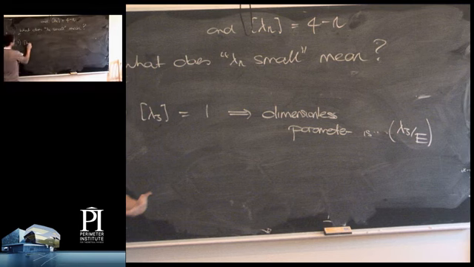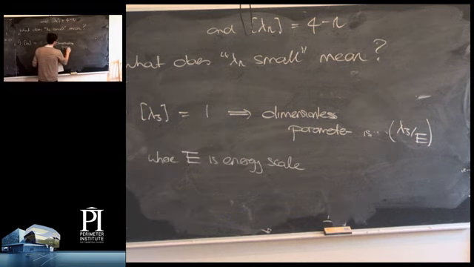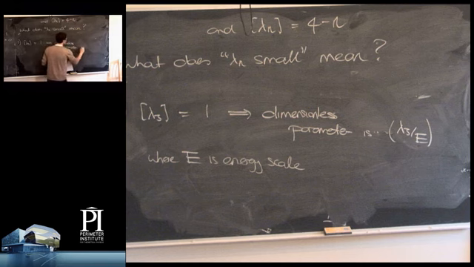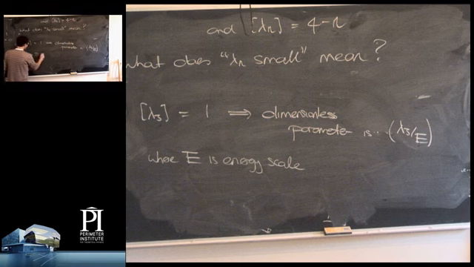So lambda 3 has mass dimension 1, which means the dimensionless parameter, the thing that we want to make small, is lambda 3 over some energy scale E. So what energy scale do we put there?